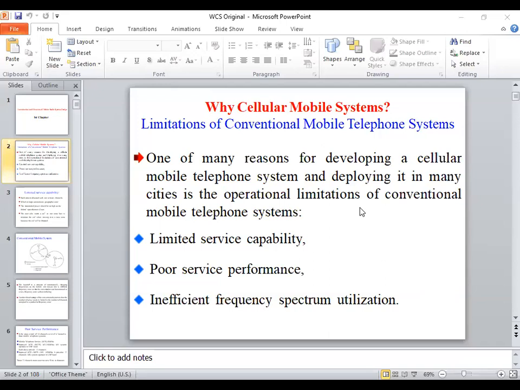Second limitation is poor service performance, and third is inefficient frequency spectrum utilization. Now I will discuss these three limitations one by one in detail. First is limited service capability.